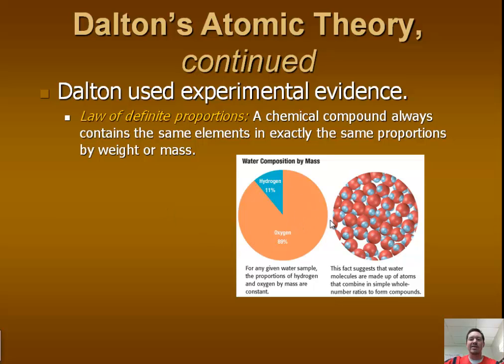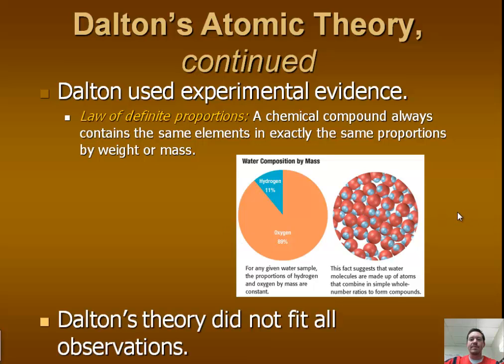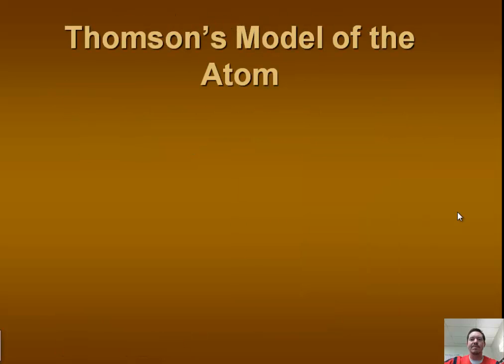We've got some different ways to show this, the pie graph, or visually we can show that the hydrogen is a lot smaller than the oxygen atom. However, it was found that this theory did not fit all observations.